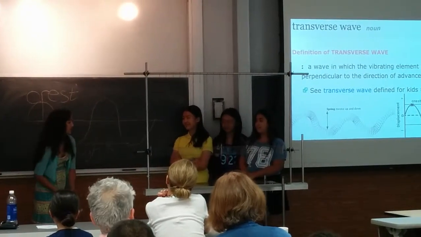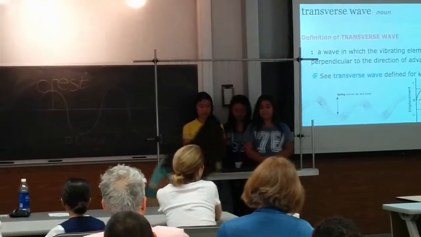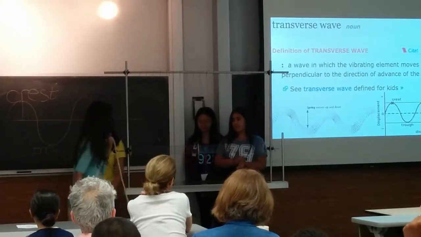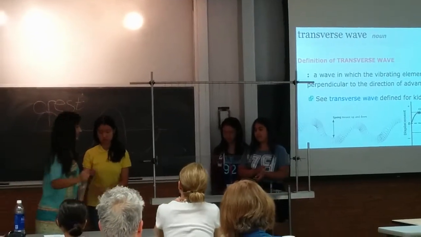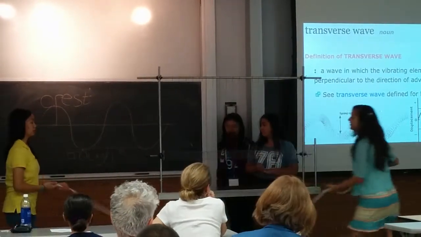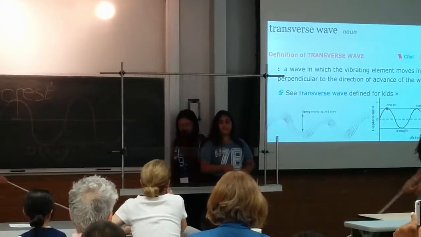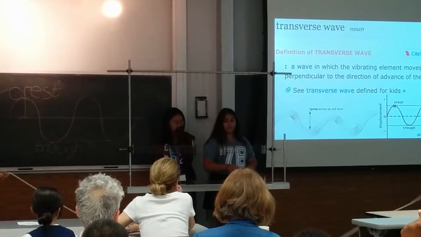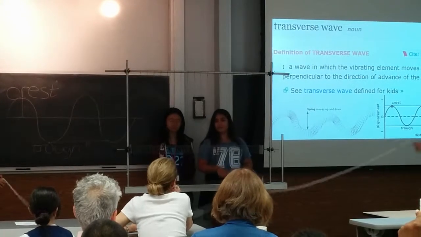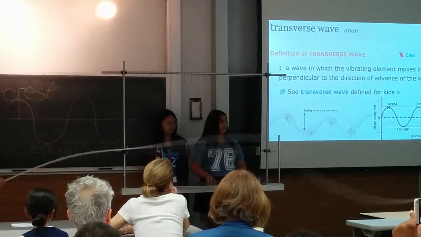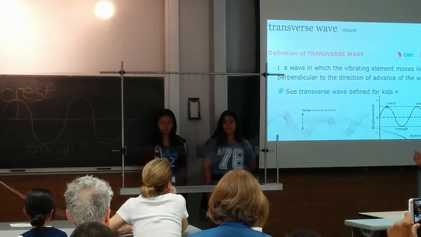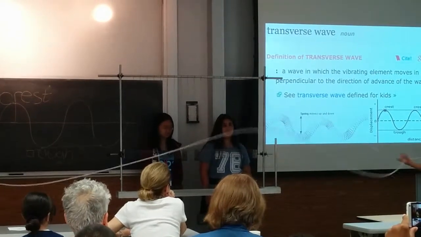So a transverse wave in motion looks like this, because it's traveling this way, but the wave's actually moving up and down, perpendicular to the way that it's traveling.